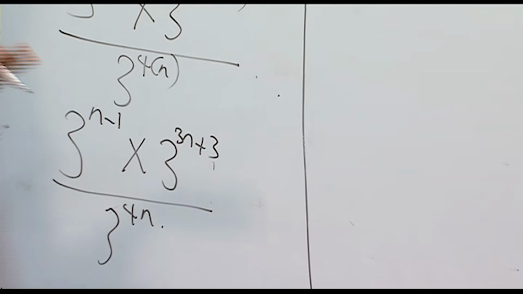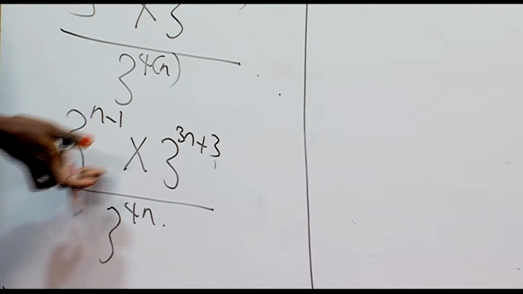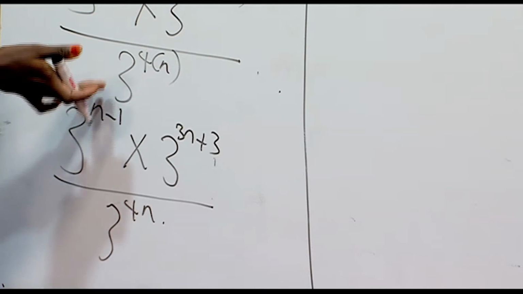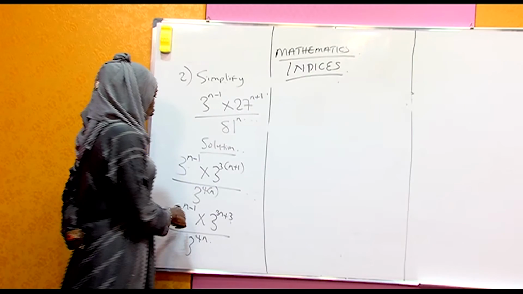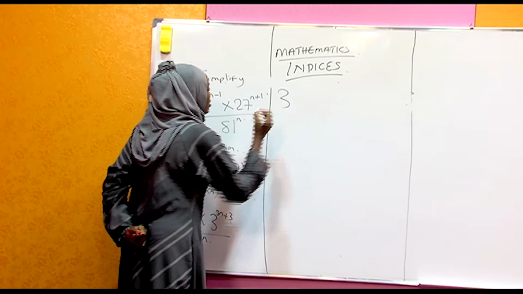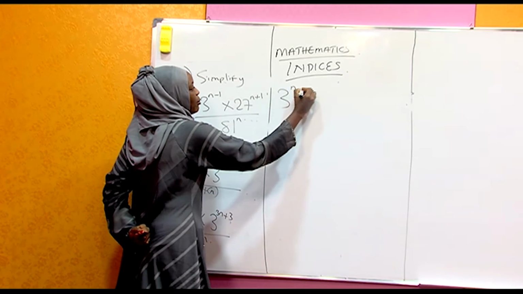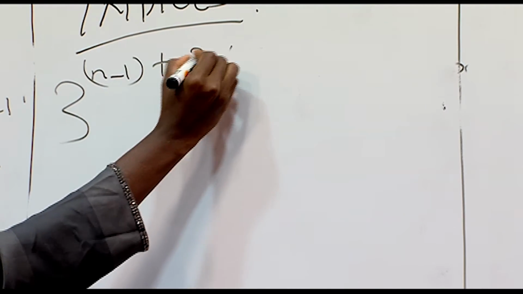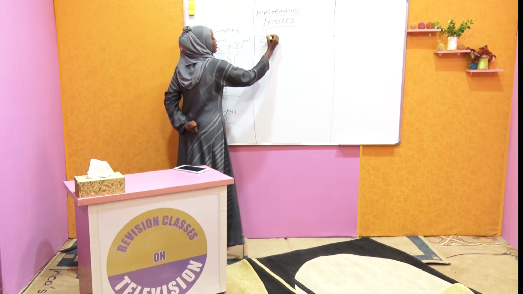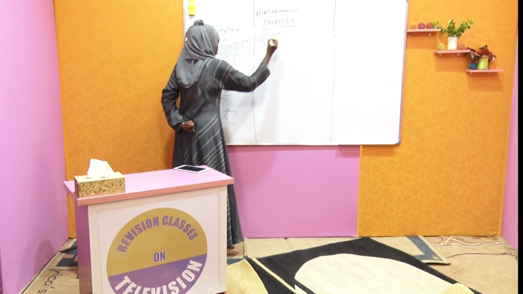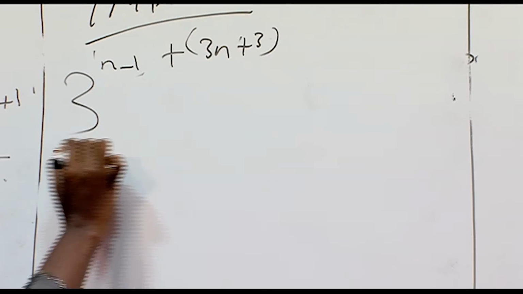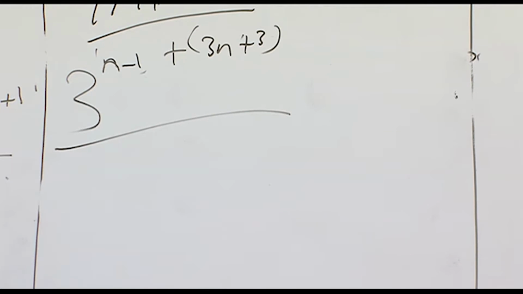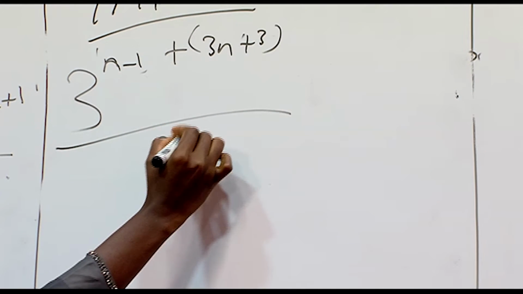We know multiplication law, once the 2 terms are in the same base, you add their index. So adding their index, I have 3 raised to power n minus 1 plus 3n plus 3 all over 3 raised to power of 4n.